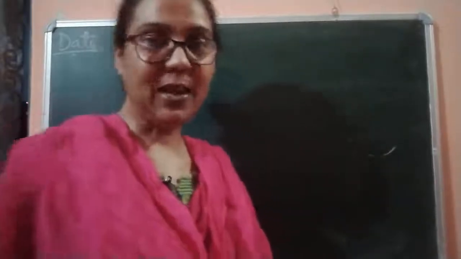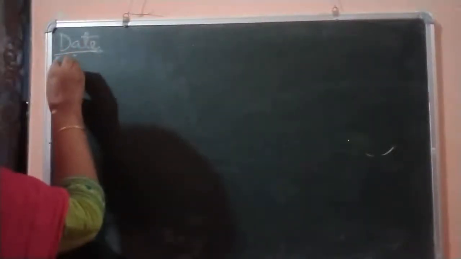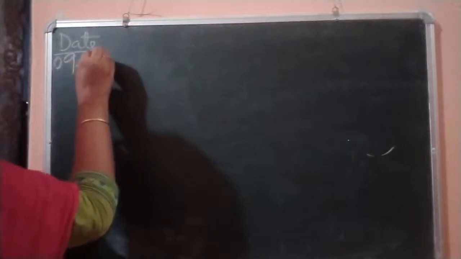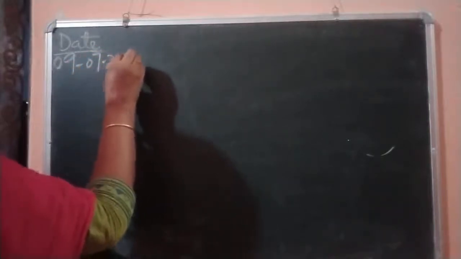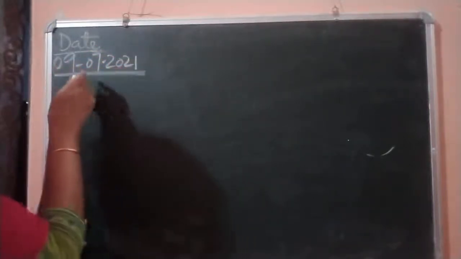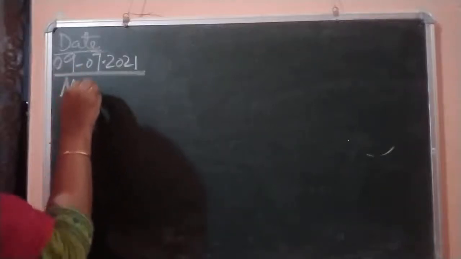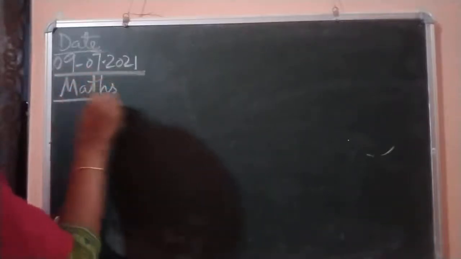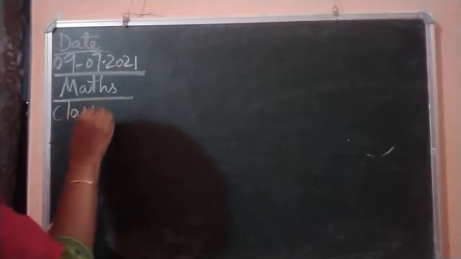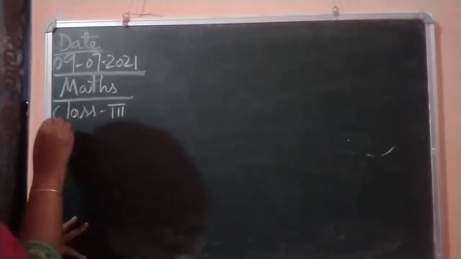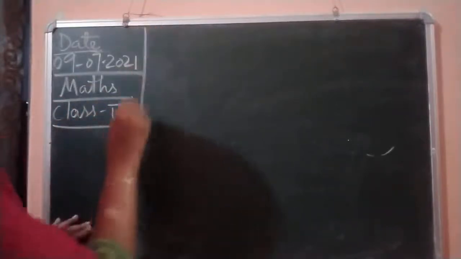So today is 9th July 2021 and this is your maths class. Our topic is subtraction.